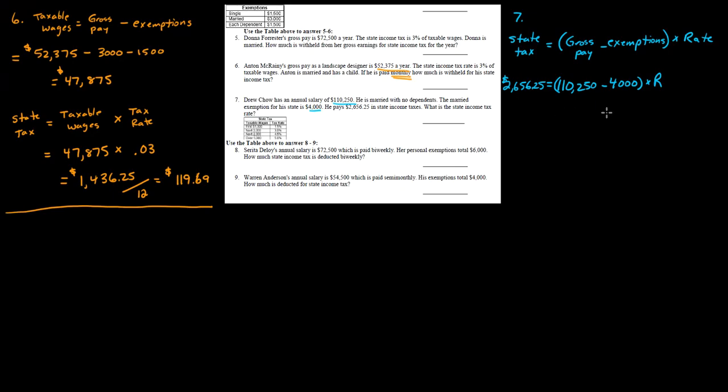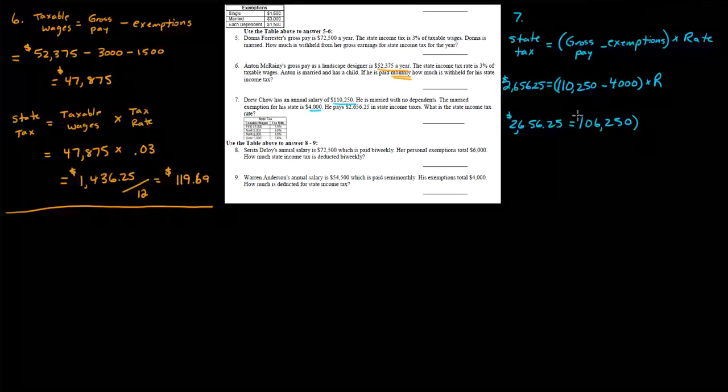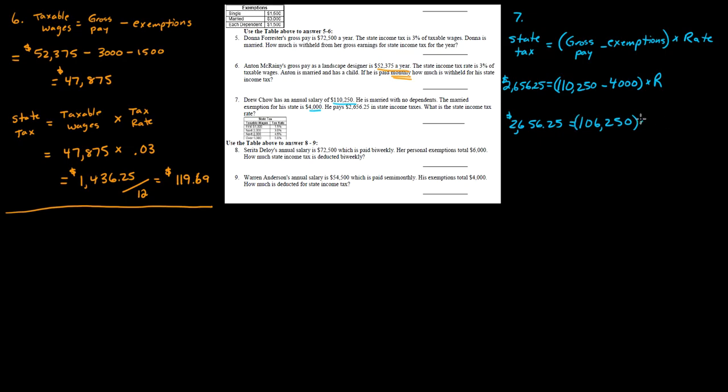We're just going to do order of operations, so we'll do what's in the parentheses first. 2656.25 equals 106,250 times my R. I need to get R all by itself, so I'll divide each side by 106,250.